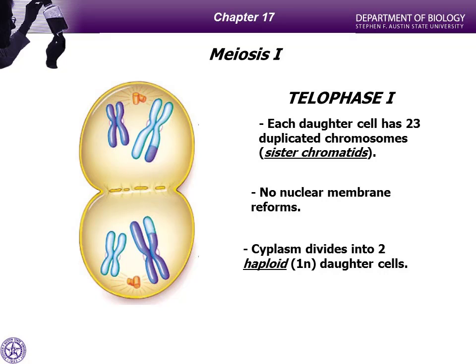There are only 23 different ones, so at this point we say that our daughter cells are in fact haploid. Even though they're still attached at the centromere, still in fact sister chromatids. We call that meiosis.